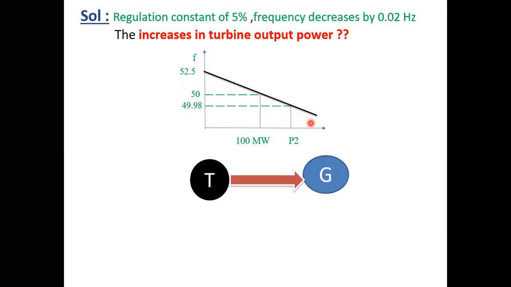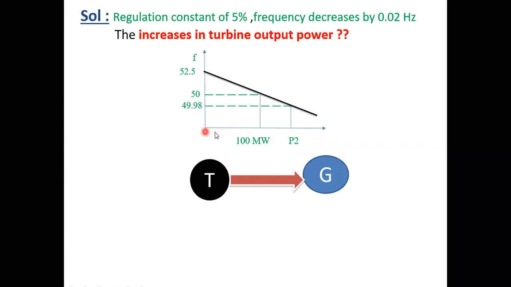So what is the slope here? Y by x, or you can say (y2 minus y1) by (x2 minus x1). Here the y-axis represents your frequency, and the x-axis represents your real power. So that's why we will try to equate two different slopes. Let us take two different slopes: one between 0 to 100 megawatts, and similarly, we need to take 0 to P2.